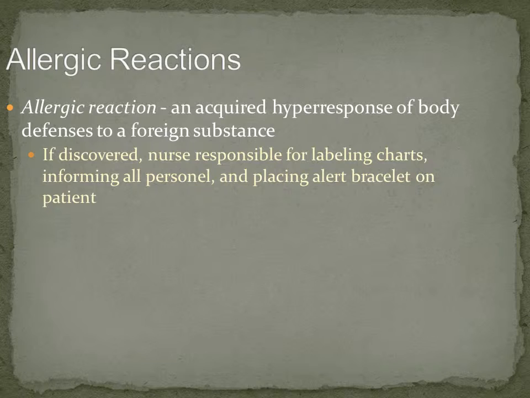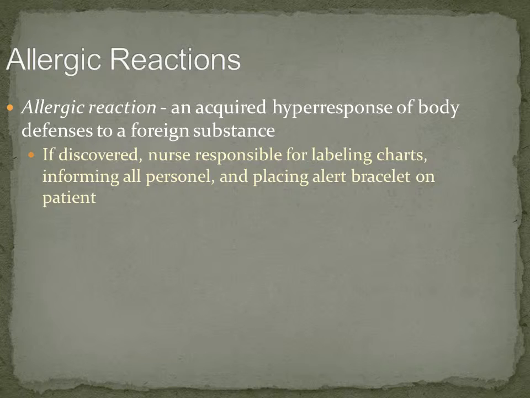And usually the thing that is of most concern for us is the fact that they often have severe swelling of their airway, dyspnea, and they can also have subsequent hypotension and tachycardia. But the big issue is often their airway becomes a problem before anything else. So we really need to know that.